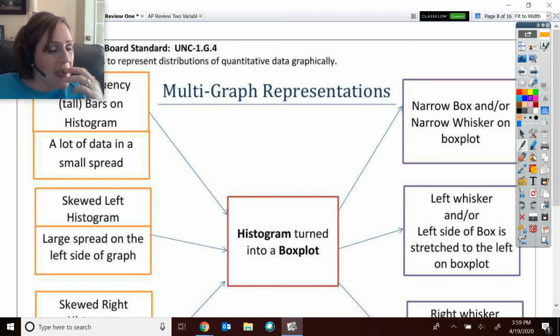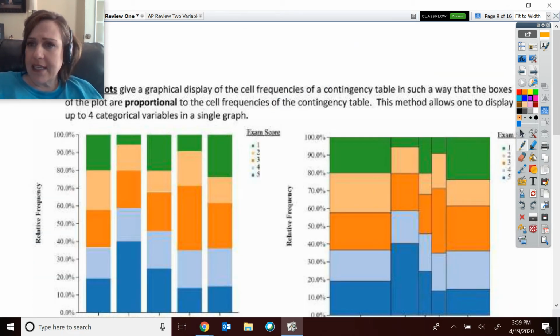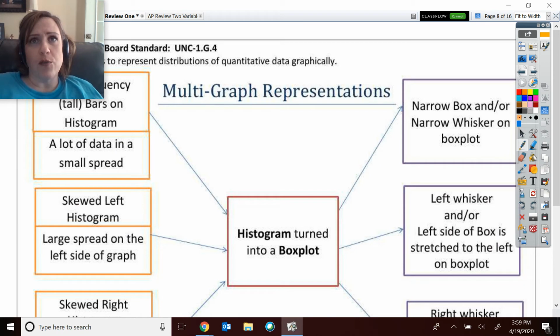All right. Now, this here is kind of that connection between histograms and box plots. And so I don't have a very good picture of this. If I was thinking, I would have pulled up those histogram cards.